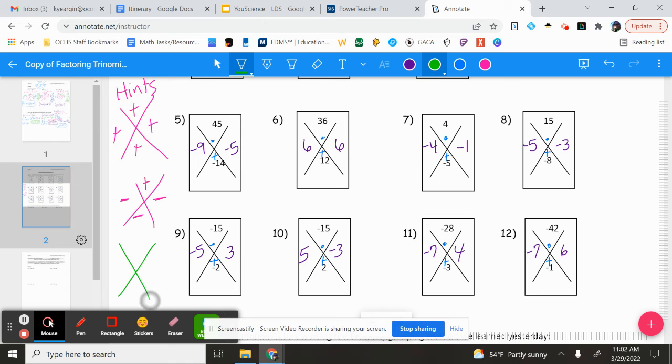Where things start to get a little more tricky, like on number 9, is when my top number is negative. This is where I have to be careful. If my top is negative and my bottom's positive, remember that each of my signs needs to be different, so one negative, one positive. If my bottom number is positive, then my larger number needs to also be positive. Same signs add and keep, different signs subtract.